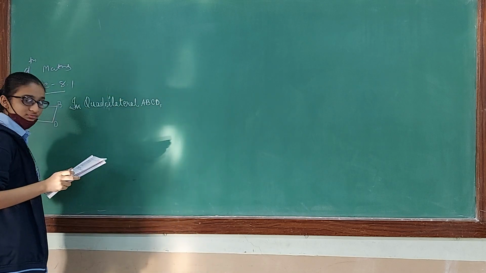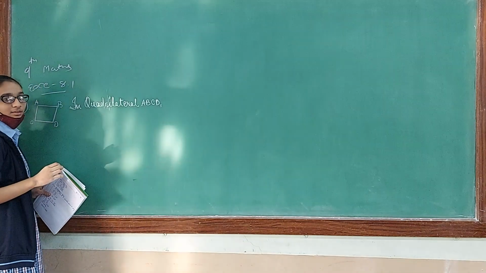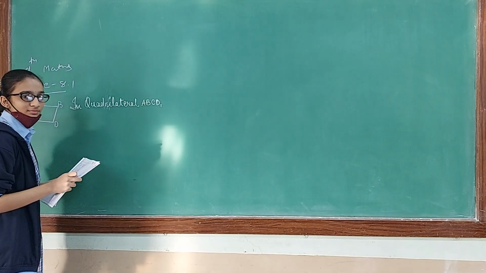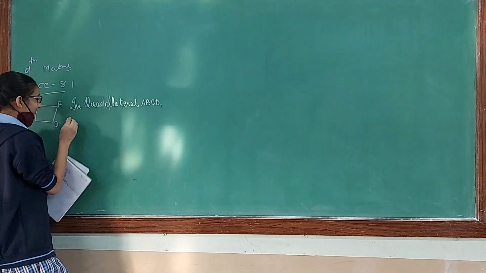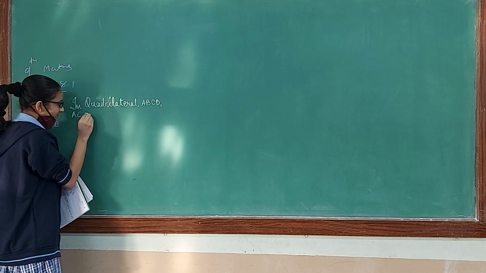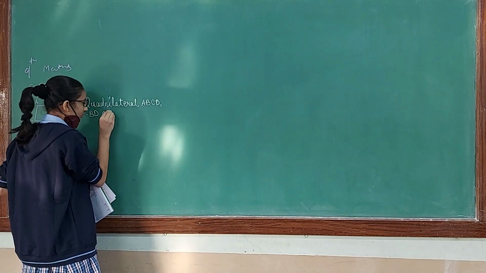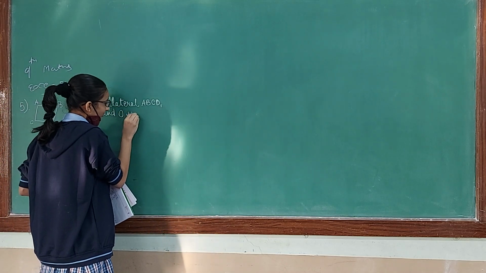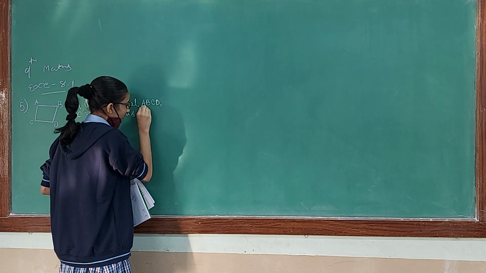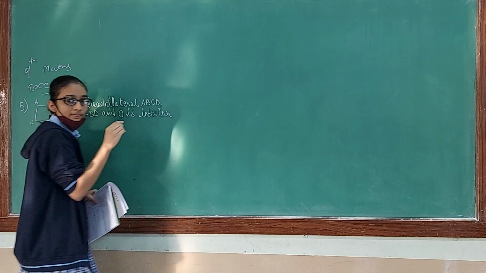So over here, she wrote, she formed a square ABCD, and now she is explaining about that. I think she forgot to form the diagonals, fine?